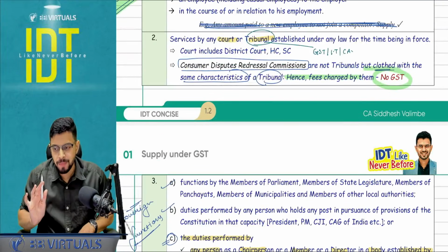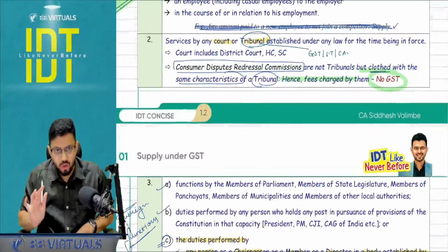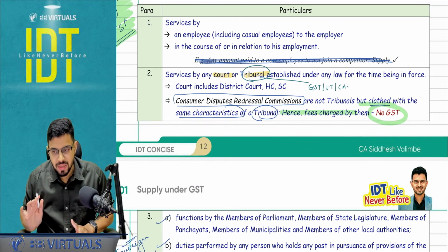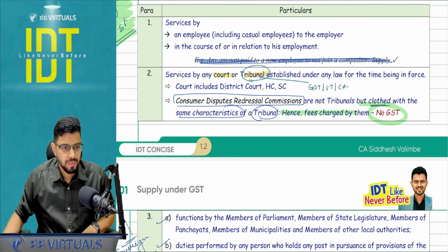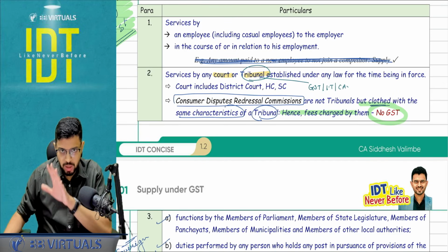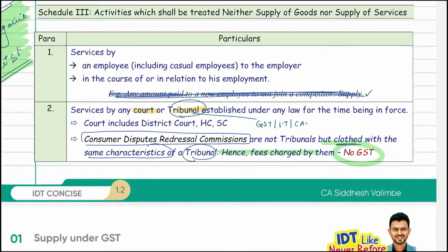Yes? You want 1 minute to read? You want 1 minute to quickly review the paragraphs till this? Take it. I'm giving you exactly 1 minute, okay? I'm exiting because I can show you the screen. Quickly, just review para 1, para 2 quickly.